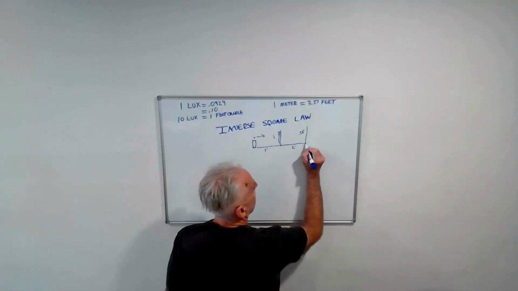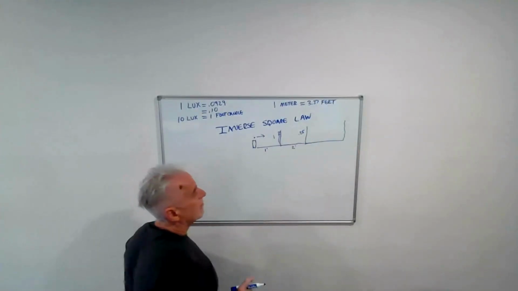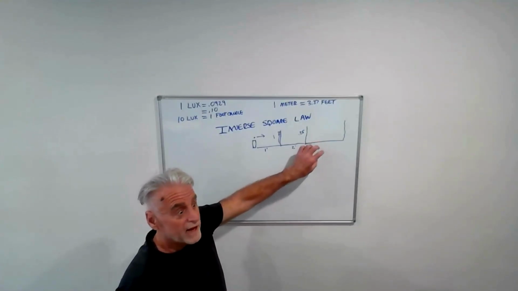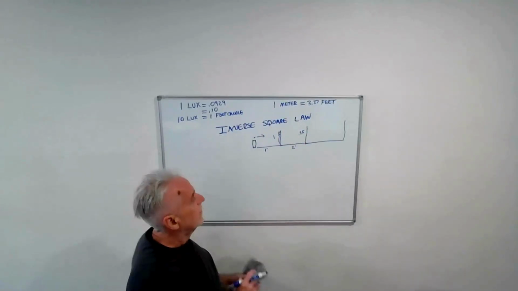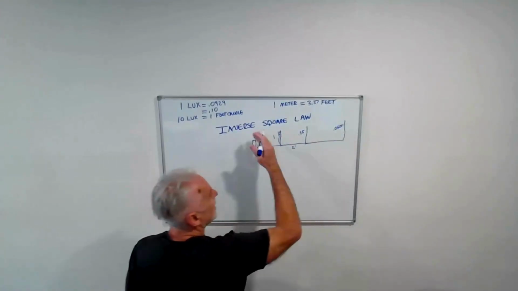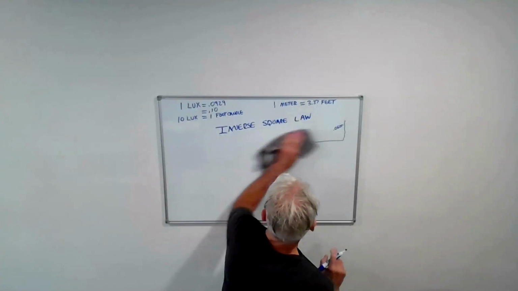If I double it again and I go out to 4 feet, again, this measurement of 0.25 is cut down to 25% of that, or 0.0625. Usually we're dealing with bigger numbers, but that's what we're working with in the inverse square law.